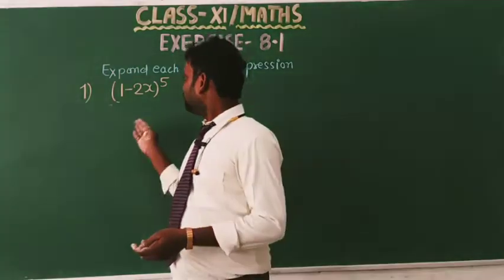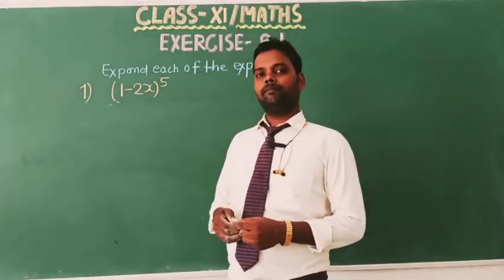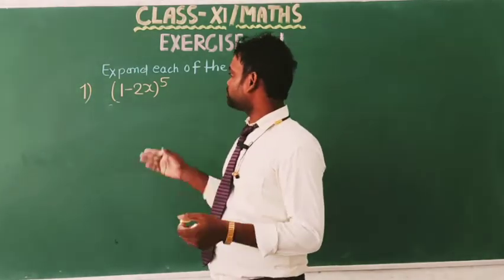By using the binomial theorem, we expand (1 minus 2x) to the power 5.